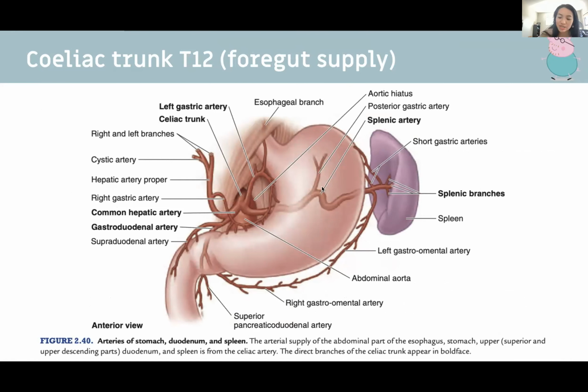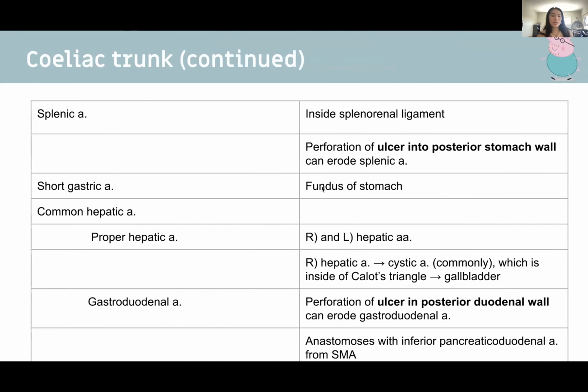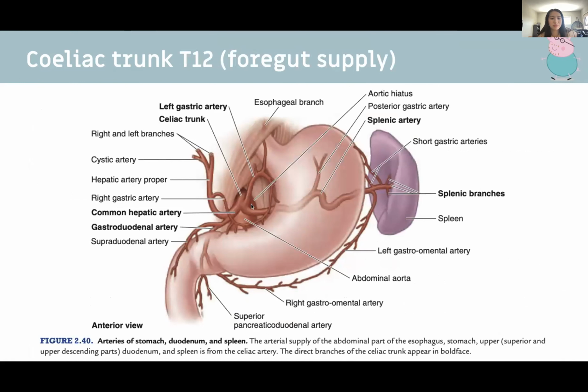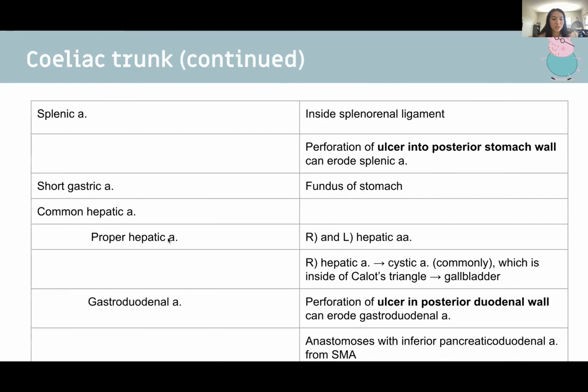The splenic artery. So if there is perforation of an ulcer, it can affect that blood supply, and you can start bleeding from the splenic artery. So again, they will ask a question about surgery or a peptic ulcer, and you need to know what artery is affected. Okay, short gastric artery, just fundus, not much to do with that.